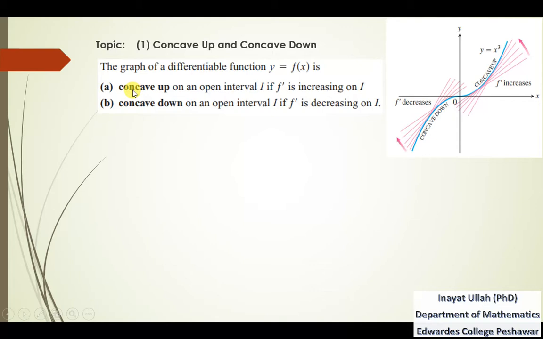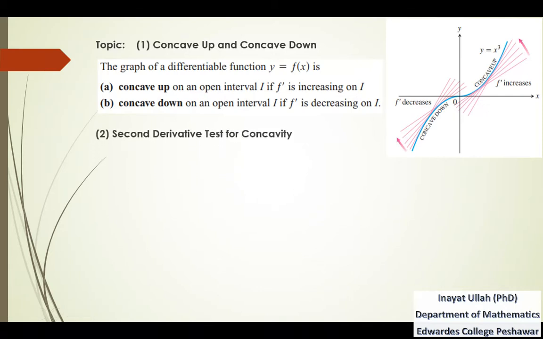A graph of a function is said to be concave up if f prime is increasing on I. If f prime is increasing, then that portion of the graph is concave up in that interval, for these values of x. And whenever f prime decreases in some interval, then we say that the graph of the function is concave down. So that is the definition of concavity, concave down and concave up.